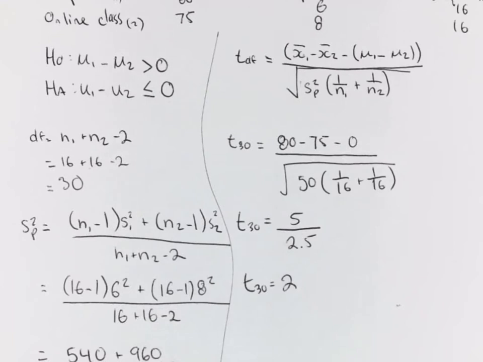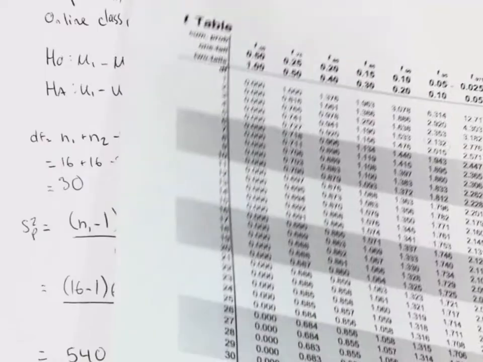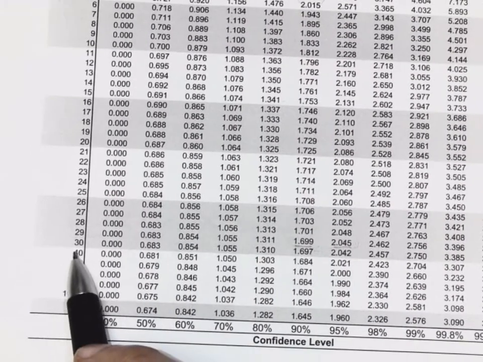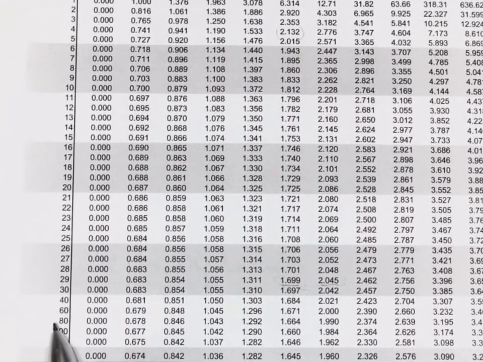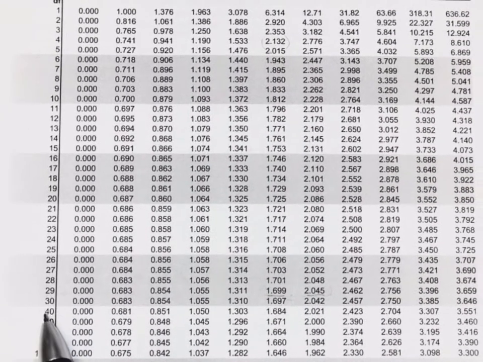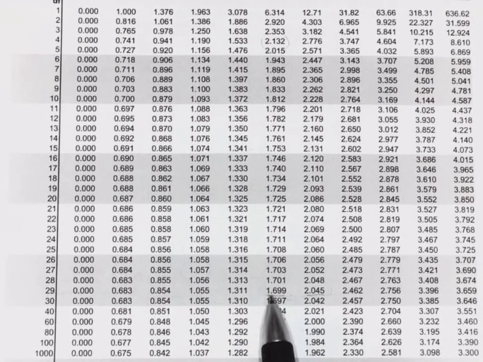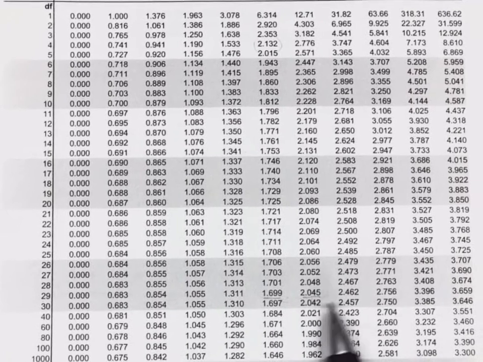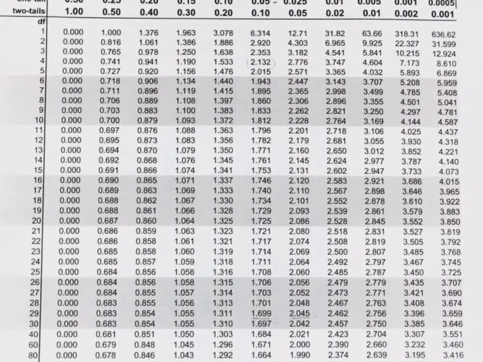So let's find 2 on our t-chart. Pull our t-chart up. Remember, we're using a degree of freedom of 30. We're moving along here, looking for 2, and we see 2 is just short of here. It is in between.